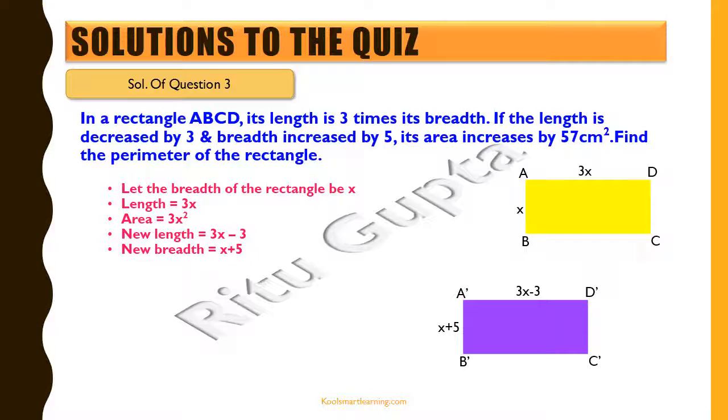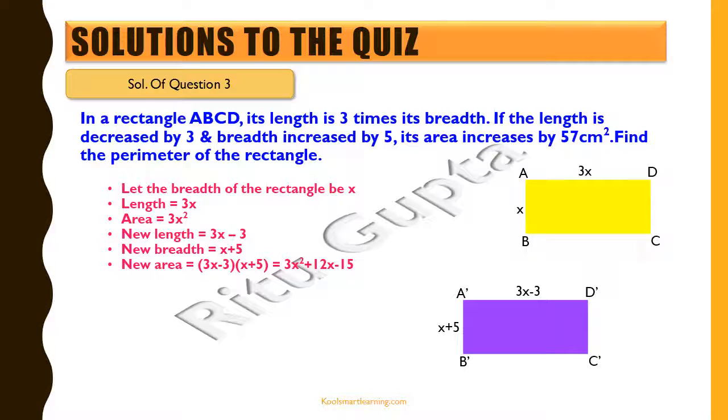So new rectangle A dash B dash C dash D dash has the length 3x minus 3 and the breadth x plus 5. The new area would be 3x minus 3 into x plus 5, which is equal to 3x square plus 12x minus 15, and that, as per the question, increased by 57 centimeter square from the original area.